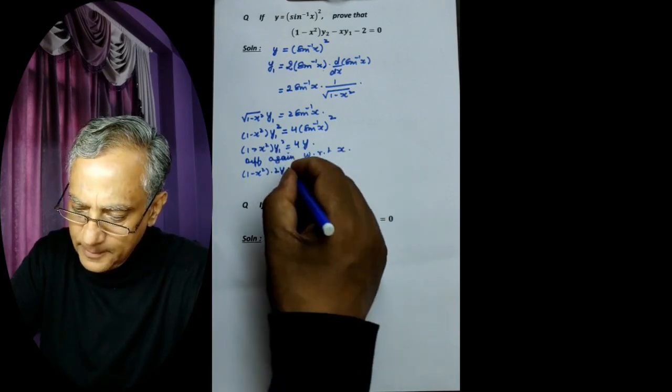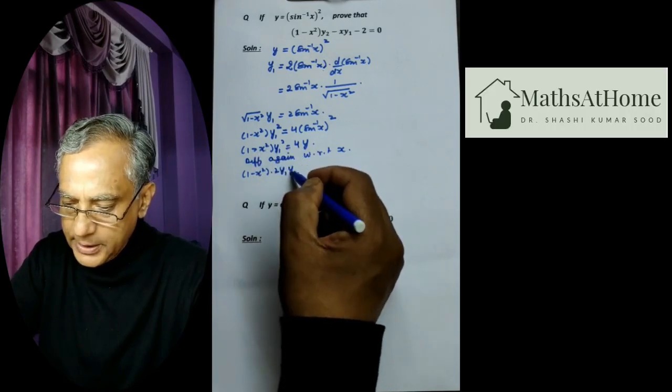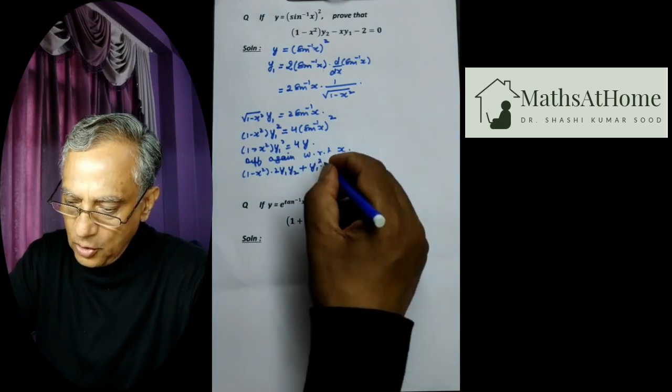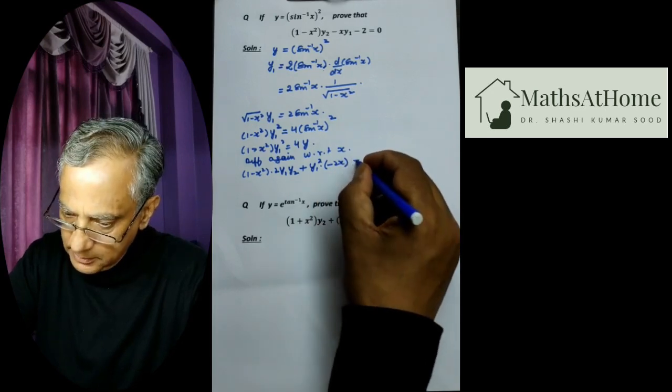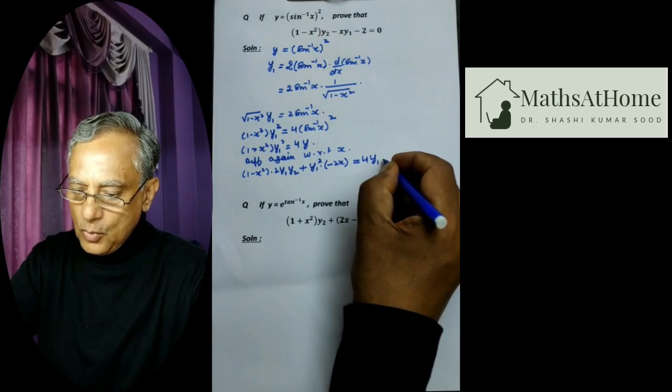Differential of y1 is y2. So first function into differentiation of this plus second function into differential of first, which is minus 2x. This must be equal to 4. Differential of y is y1.